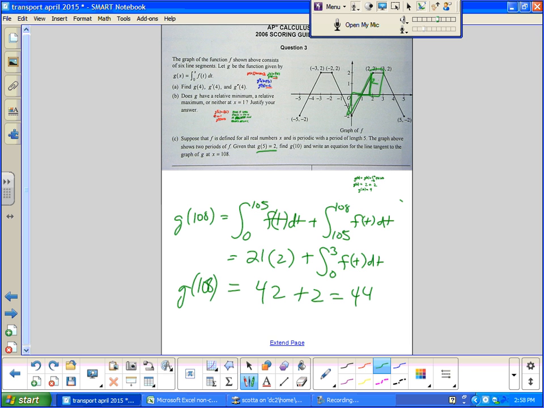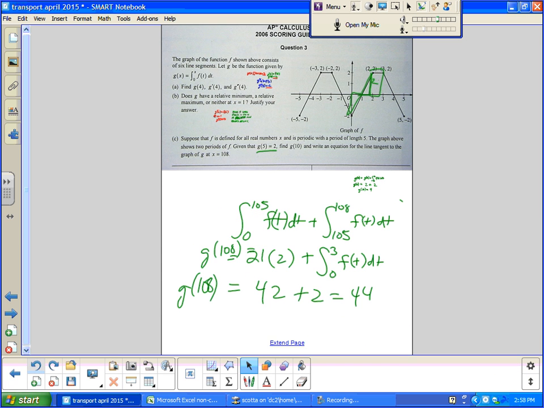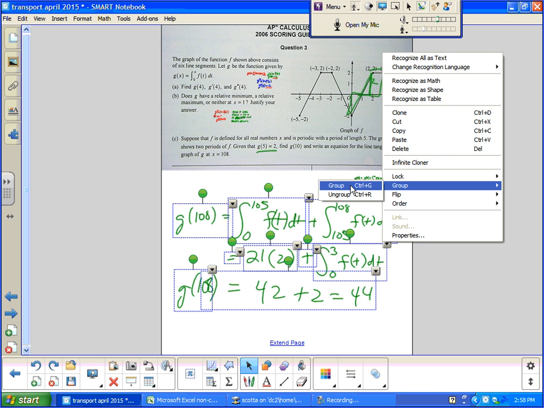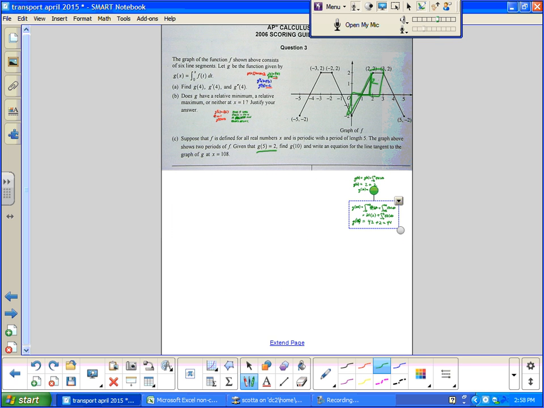That is only one step of the problem, because all I know now is that my point is 108 comma 44.